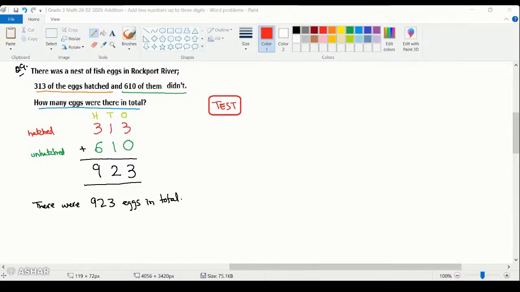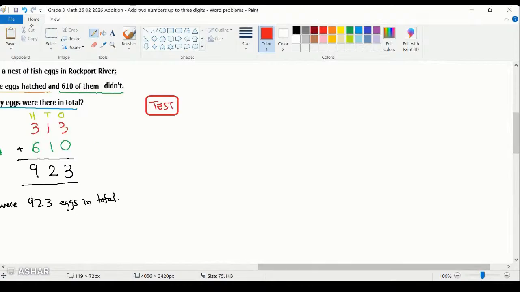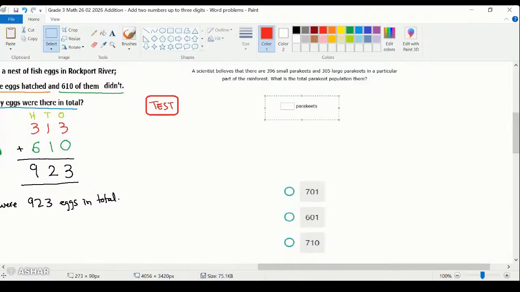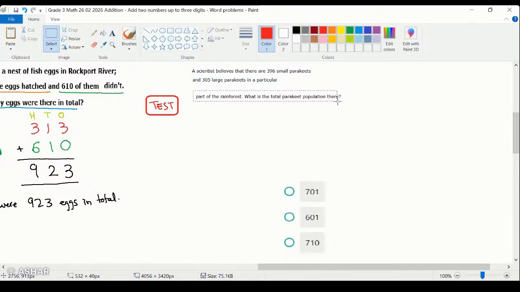A scientist believes that there are 396 parakeets and there are another, so these are the three options given to us. We need to find the number of these. And they're asking what is the total population.